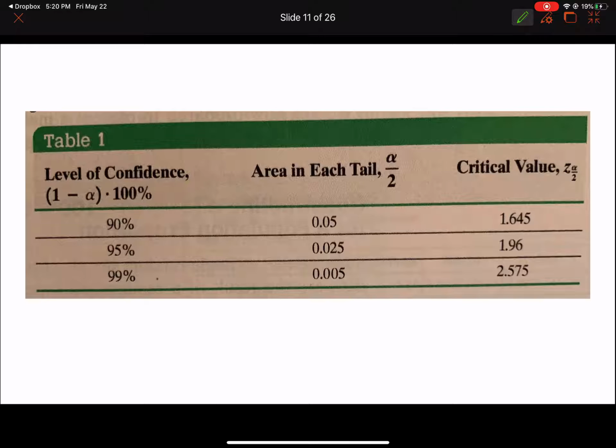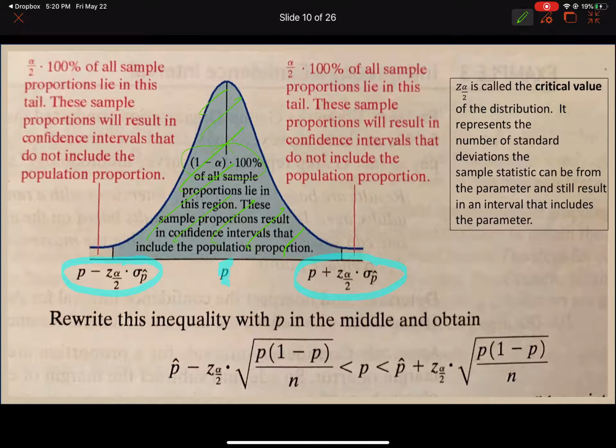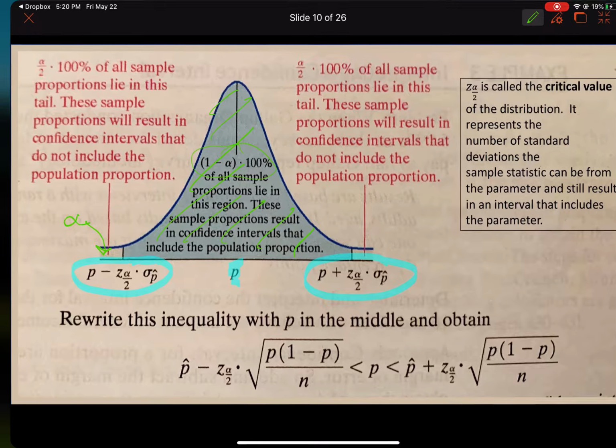So this right here is the table that we are going to use for our critical values. So you see over here is our level of confidence. So if I want to say I'm 90% confident of something, I look at this one right here. The area in the tail, that's what our alpha is. Let's go back here. So this right here is our alpha, the area in the tail.